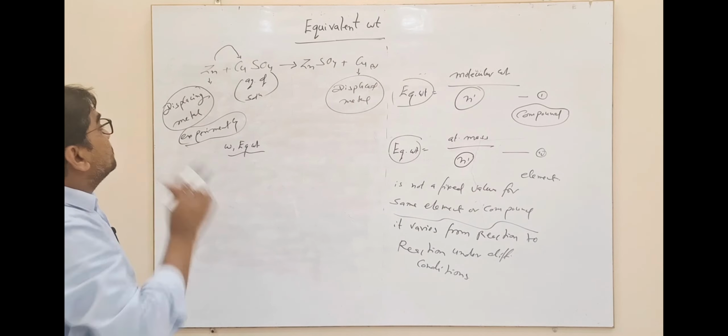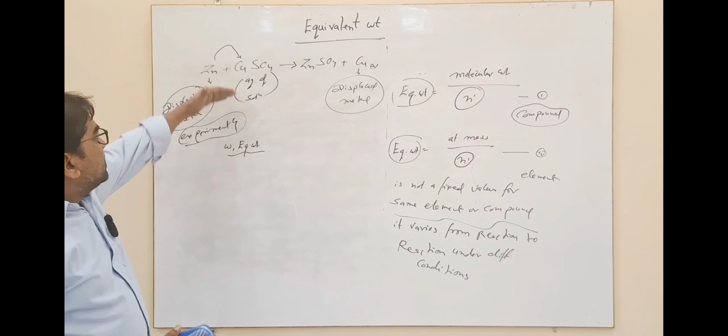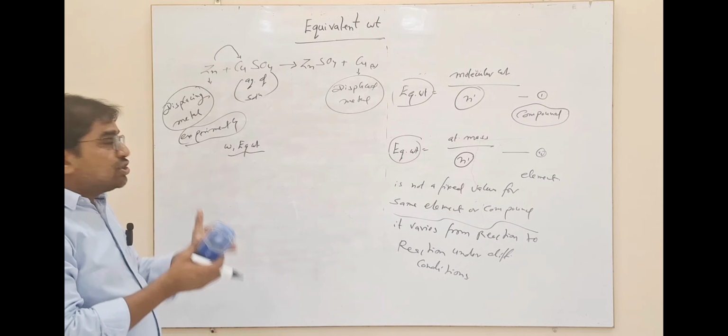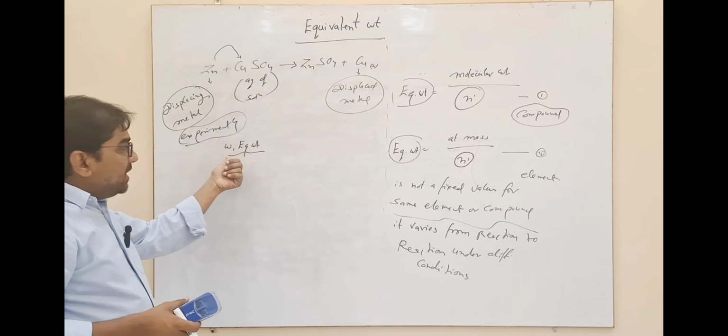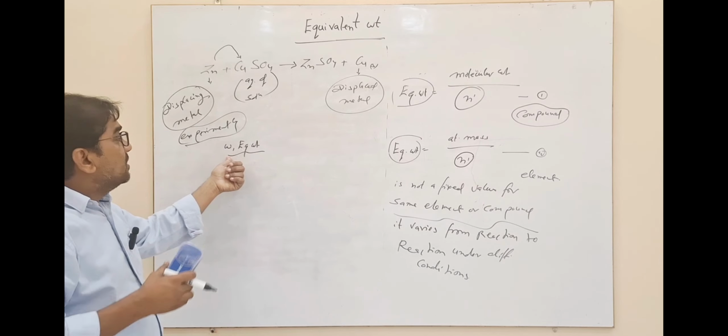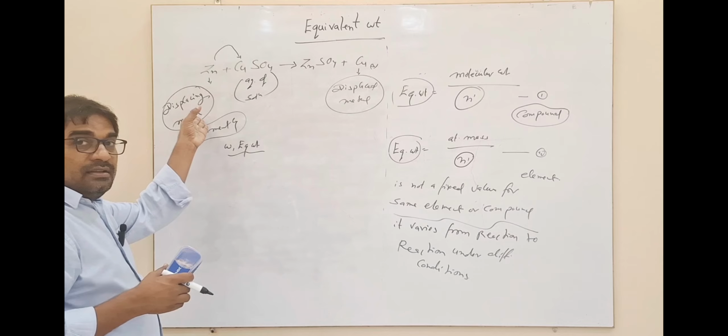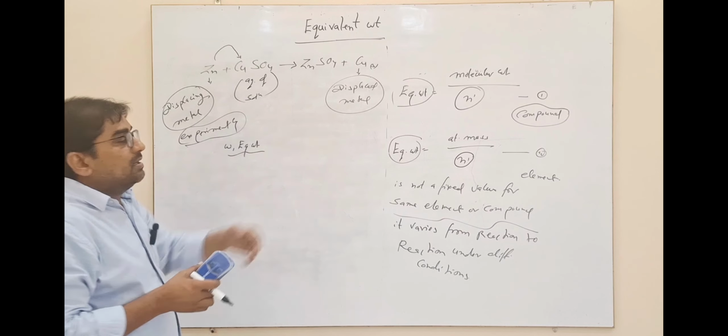I repeat again. In a displacement reaction, there is a ratio between the mass displaced and the equivalent weight of displacing and displaced metal.